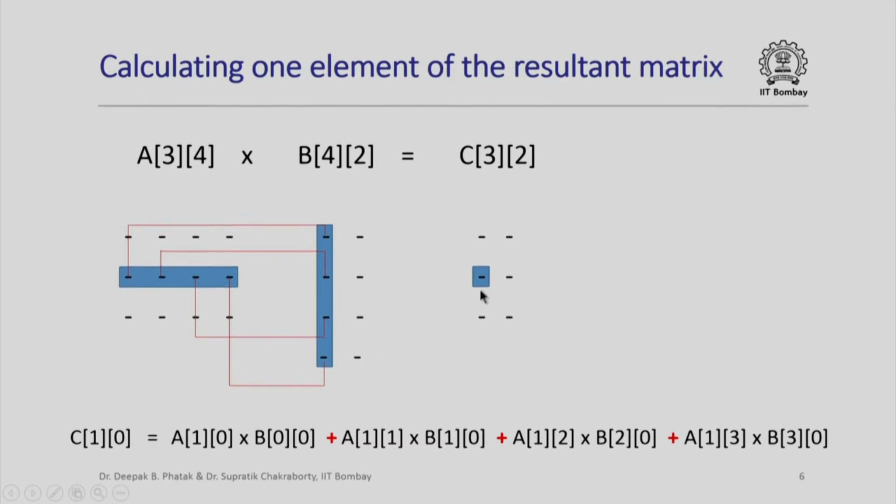In short, C10 is nothing but the sum total of this element into this element, into this element, into this, and this element into this. This we will have to do for each and every element of C.